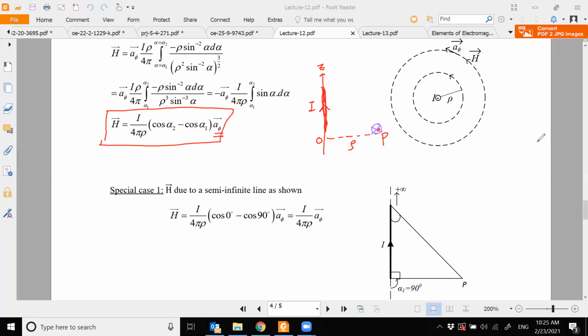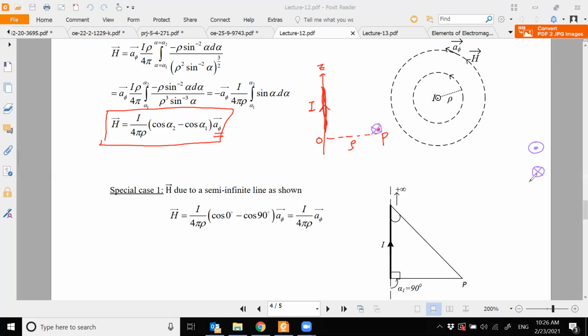Whenever we put a dot here, that means you are referring to a vector which is perpendicular to the screen and coming out of the screen. And if we put a cross mark, that means it's a vector which is perpendicular to the screen, but going inside the screen.